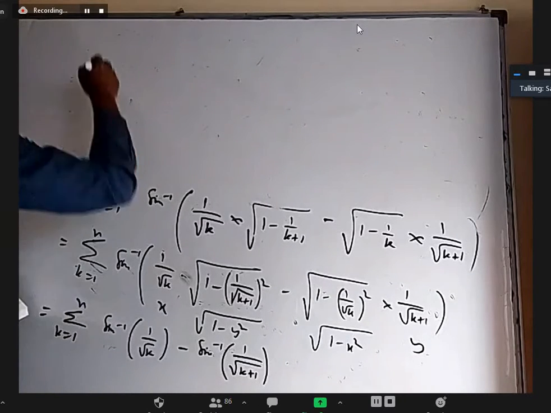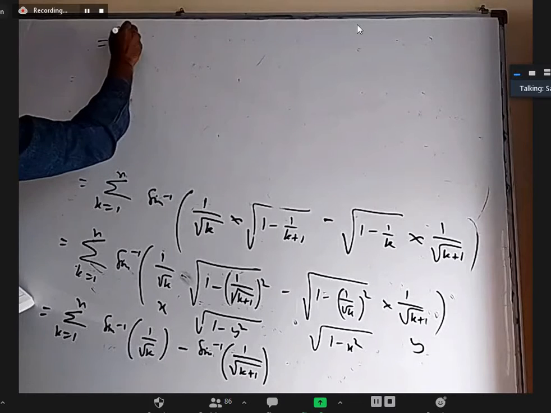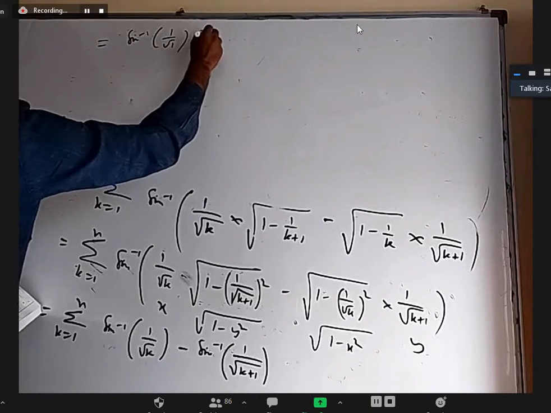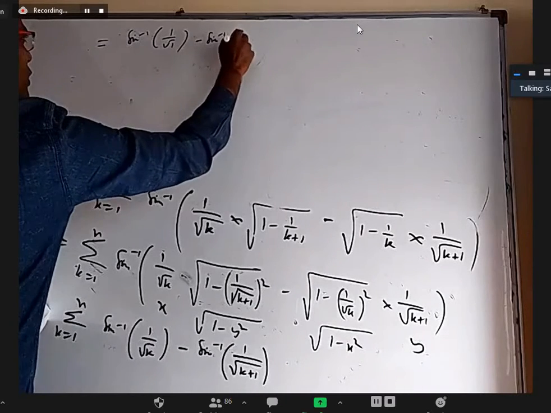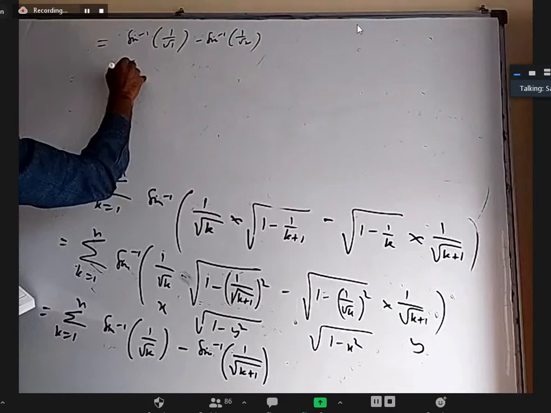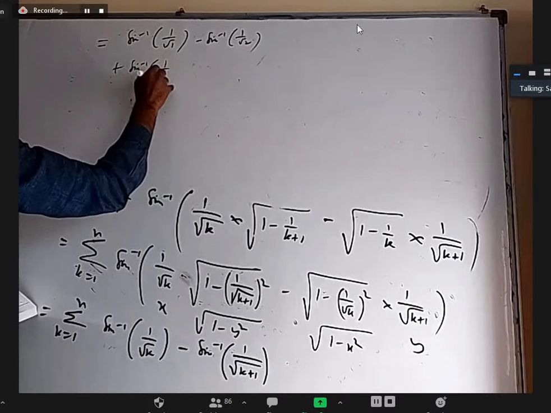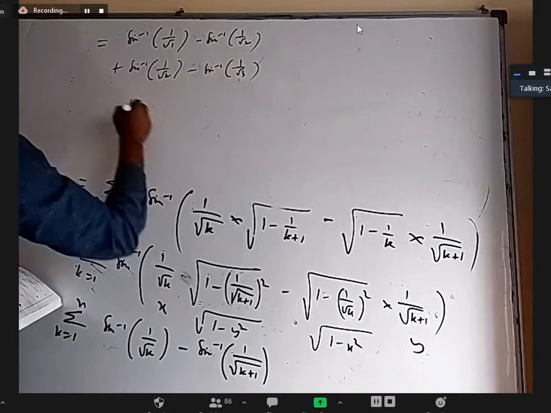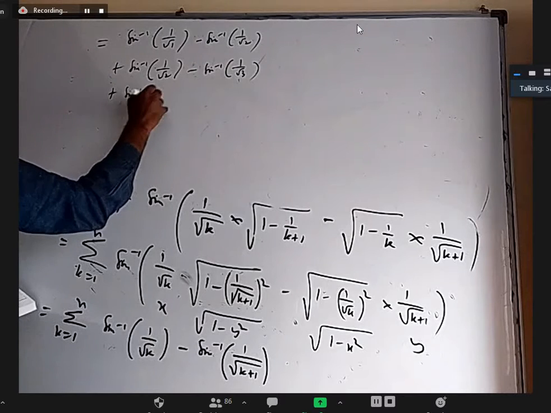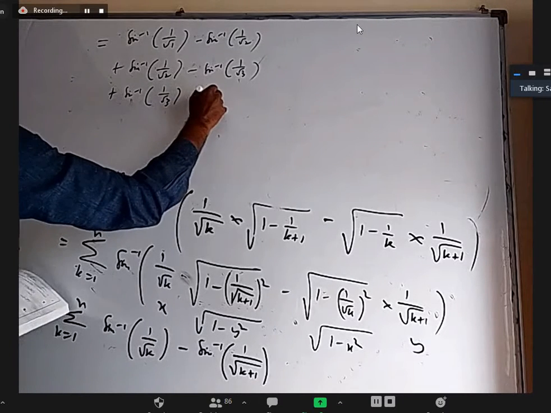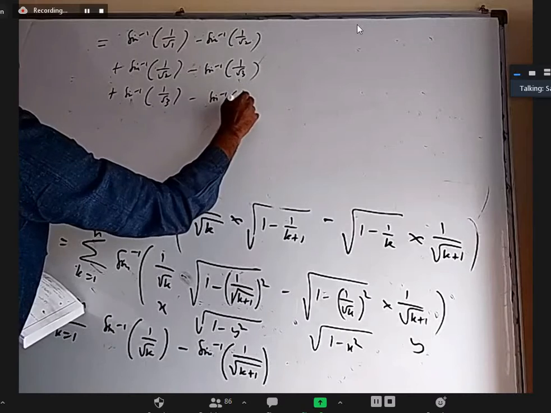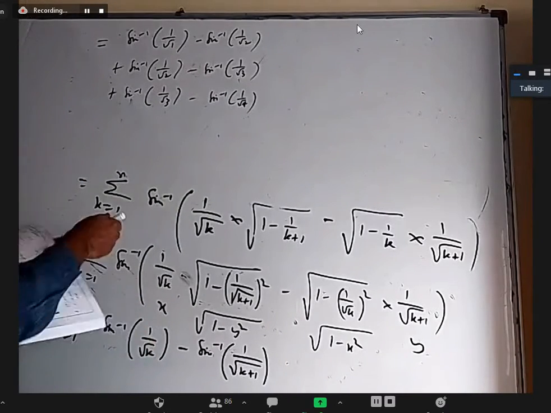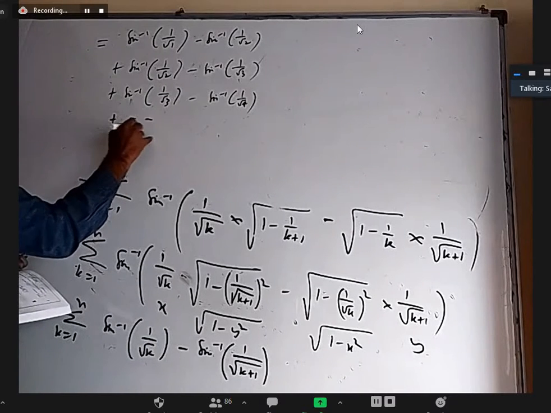Okay, so now when I expand this, when I put k equal to 1, I'll get sine inverse 1 by root 1 minus sine inverse 1 by root 2. When I put k equal to 2, I'll get sine inverse 1 by root 2 minus sine inverse 1 by root 3. Then sine inverse 1 by root 3 minus sine inverse 1 by root 4, and so on.